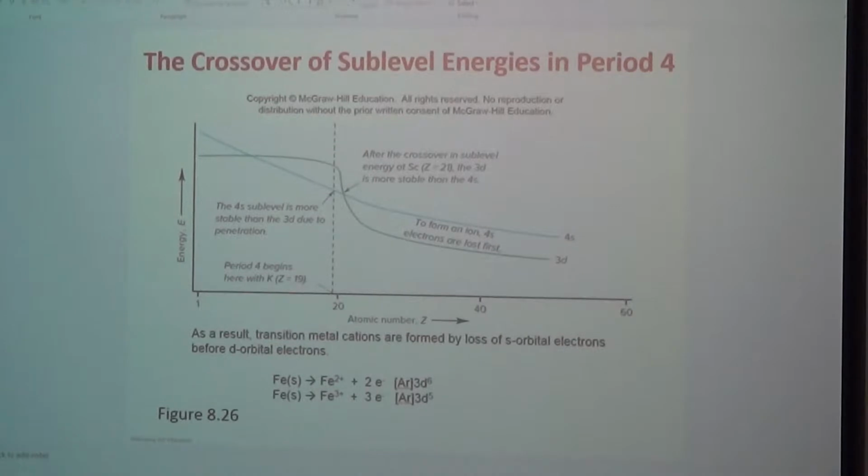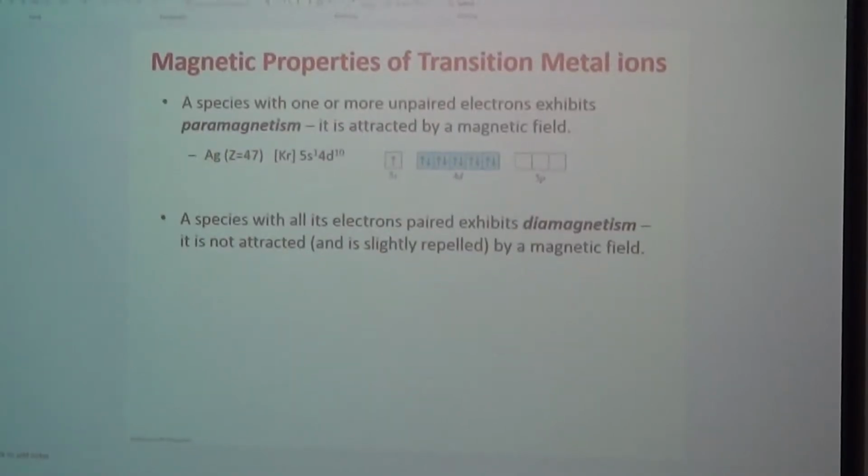So once again, it's another one of those exceptions to what the wave model of the atom is. But it's really unavoidable since there are so many electrons. All right, so that's the electron configuration for silver.